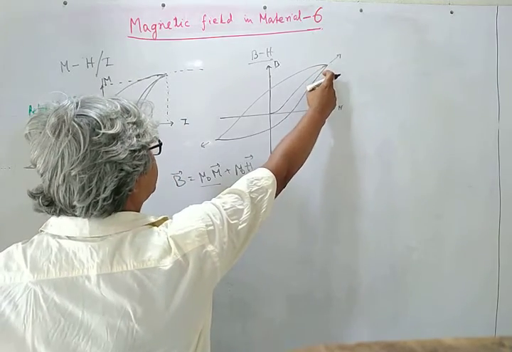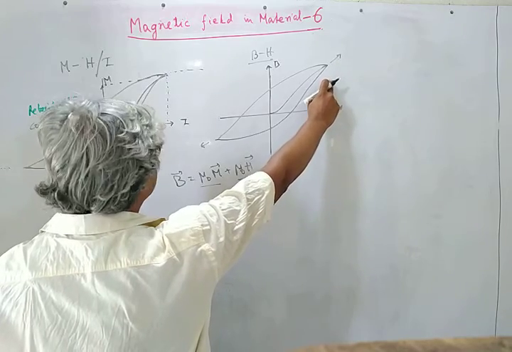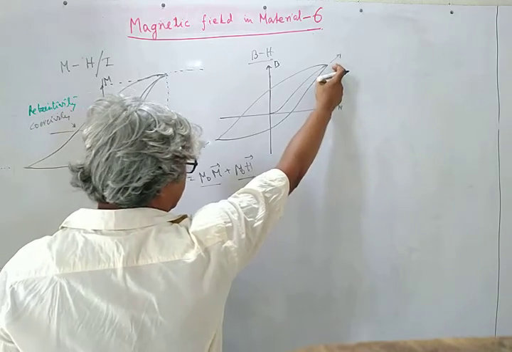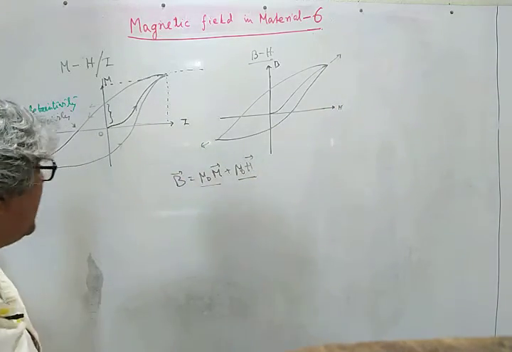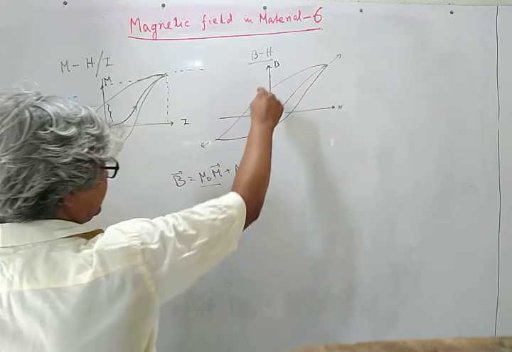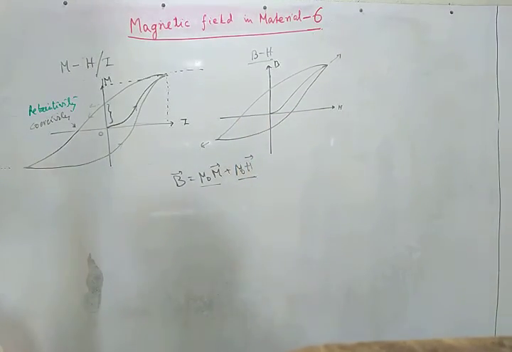So the BH hysteresis curve doesn't have any saturation, but here it increases linearly. This is the main difference. Otherwise, this is a measure of retentivity, this is a measure of coercivity, etc.